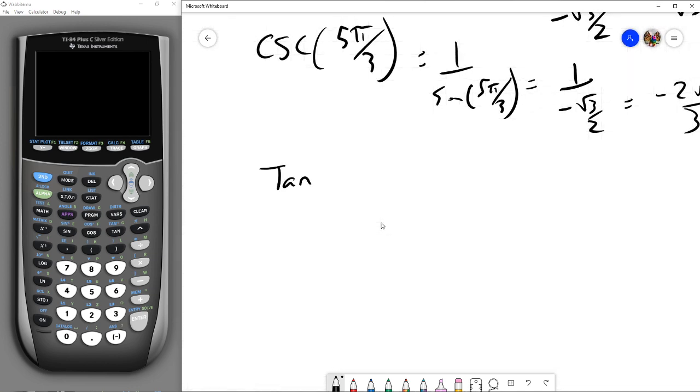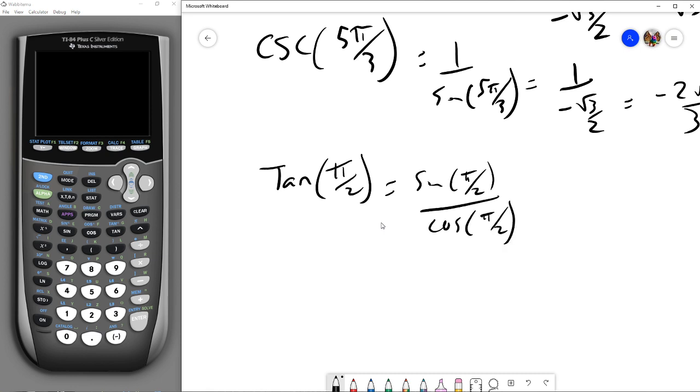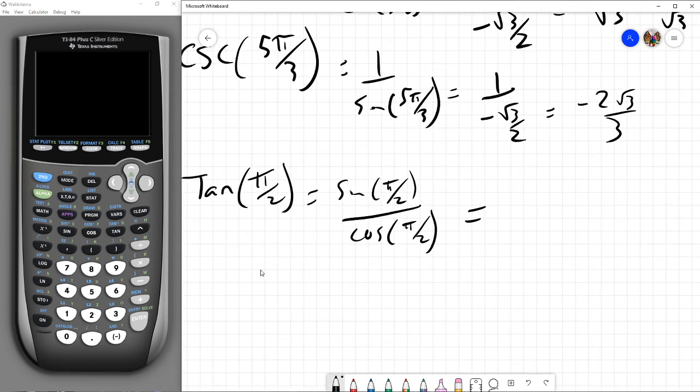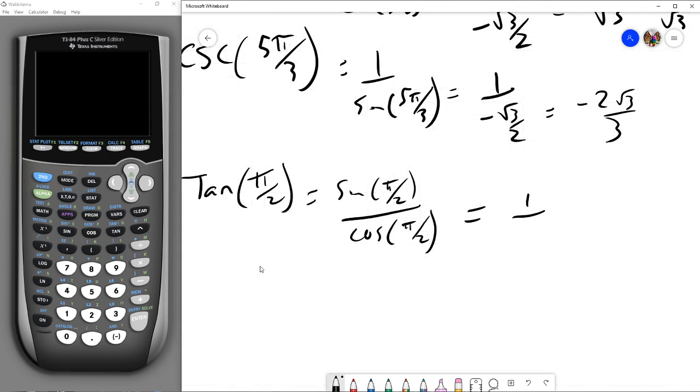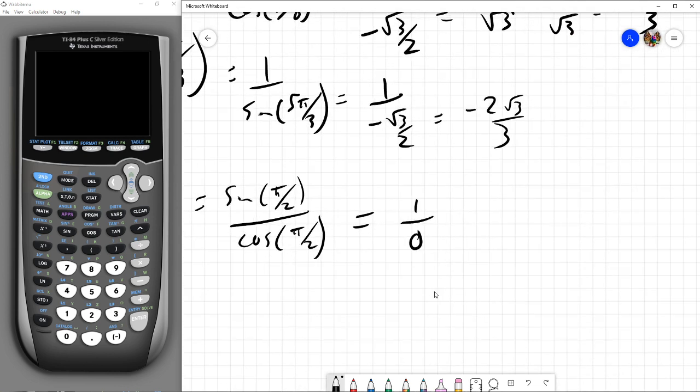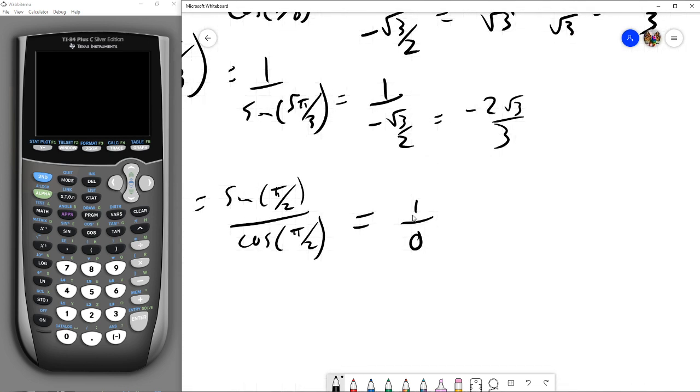And how about tangent of pi over 2? Well, this is the same thing as sine of pi over 2 over cosine of pi over 2. And that is going to be 1 divided by 0. Keep in mind, this is not 0.